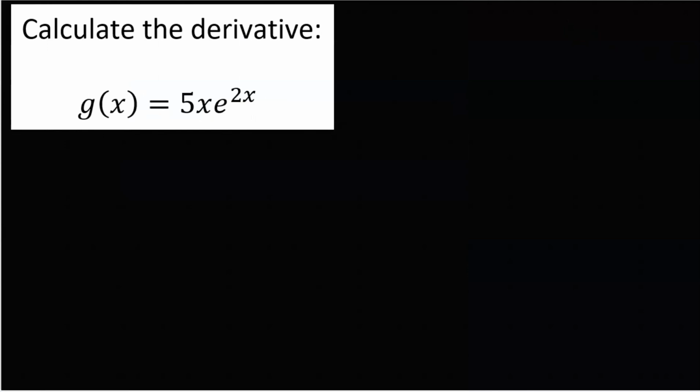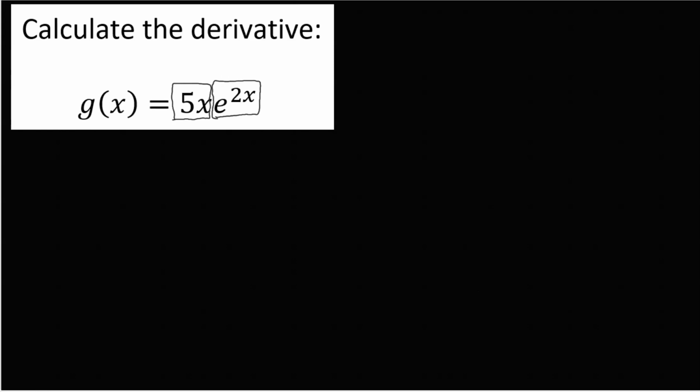It's set to calculate the derivative of g of x is equal to 5x multiplied by e to the 2x. All right, so when I read that problem, I see that there are two factors in this product.